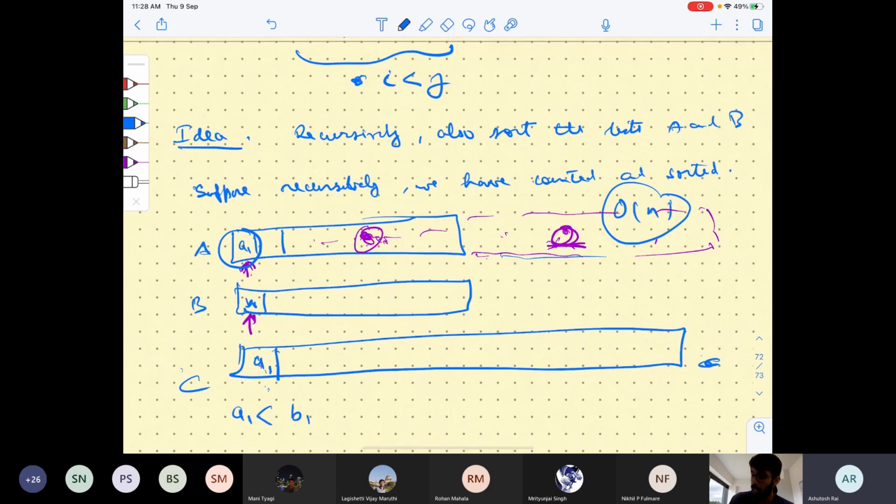Similarly, whenever we put anything from A from the current pointer, that will be fine. That will not be causing any inversions. But now look at B. If you put B1, then how many inversions will it cause? Suppose it was initially just at A1 only, and it was not that A1 is less than B1, but we have that B1 is less than A1.